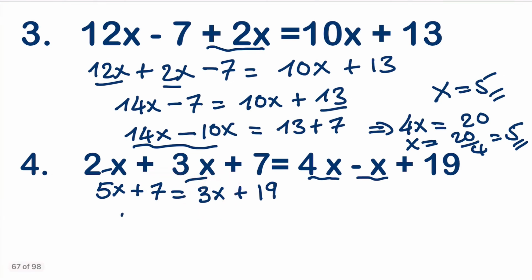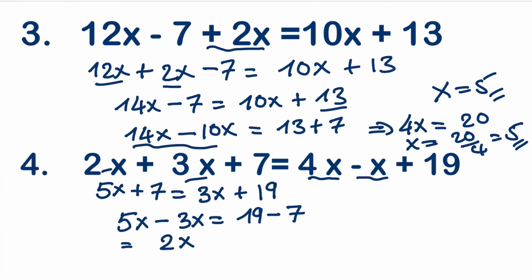So we are going to have 5x minus 3x should be equal to 19 minus 7. If we simplify this further, 5 minus 3 will give us 2x should be equal to 19 minus 7, which will give us 12. If we want x to be alone, there's 2 in front, which is the coefficient of x. We need to divide 12 by 2 so that x will be alone. So x equals 6 is our answer.